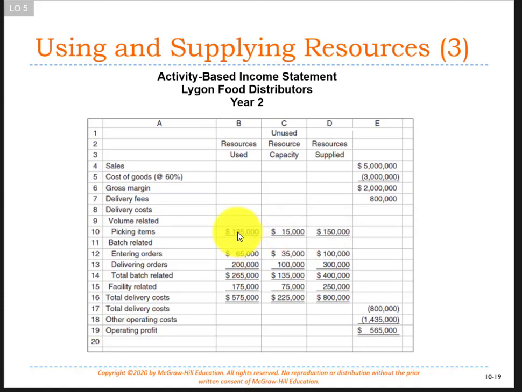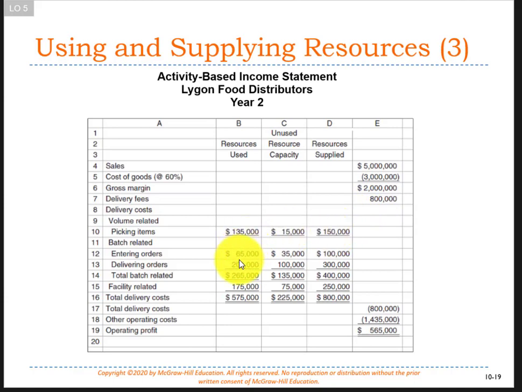Those folks actually were picking items 90% of the time, and another 10% were not happening. They were being paid, but nothing was happening as far as picking items. Okay? Now, that's not too bad. That's a pretty reasonable thing, because between breaks and other situations, you probably aren't going to be too concerned about using 90% of the capacity provided.